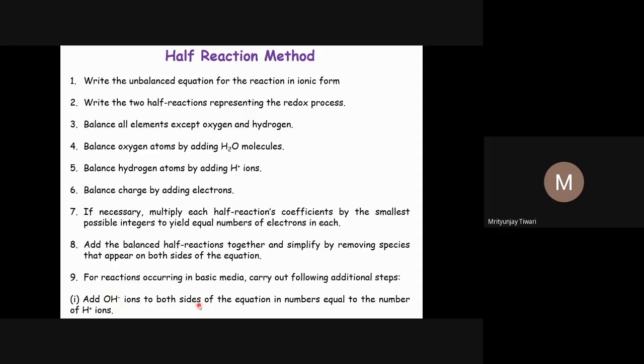And to add OH minus ions in basic solutions, certain rules are devised. We add OH minus ions to both sides of the equation in numbers equal to the number of H plus ions.